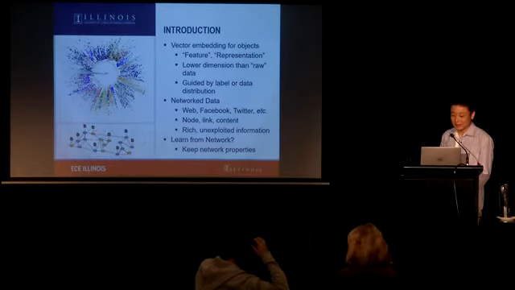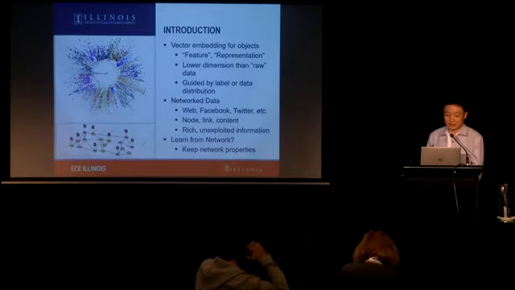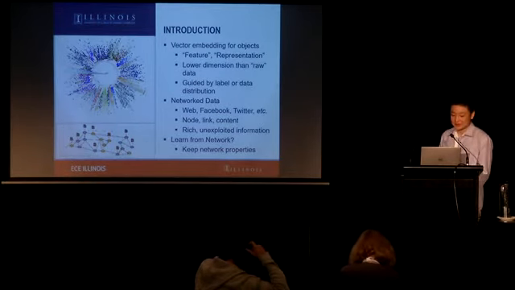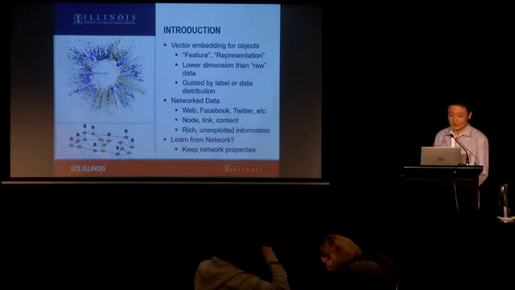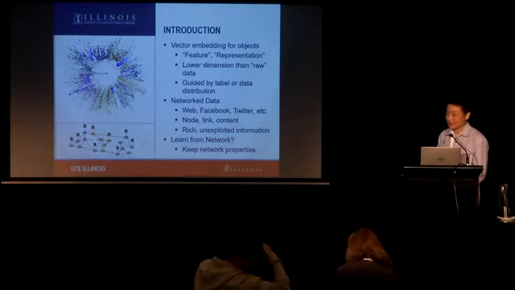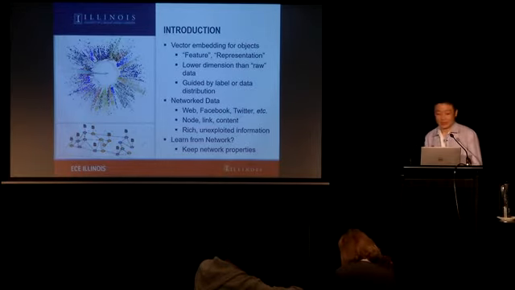The goal is usually that we don't use just the raw format of the data, like pixels of images or just the raw text, but instead we have some lower dimension representation that can retain the useful information. By useful, we mean it can be used to do some tasks we're interested in.